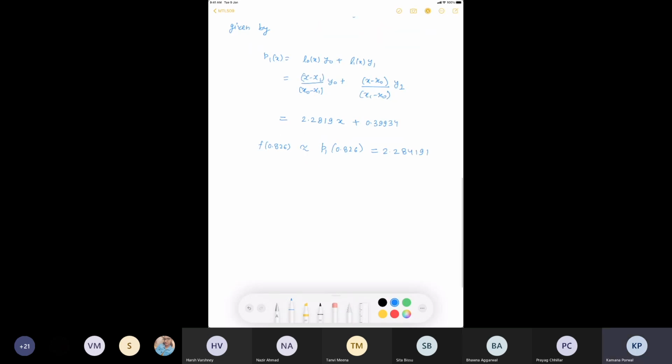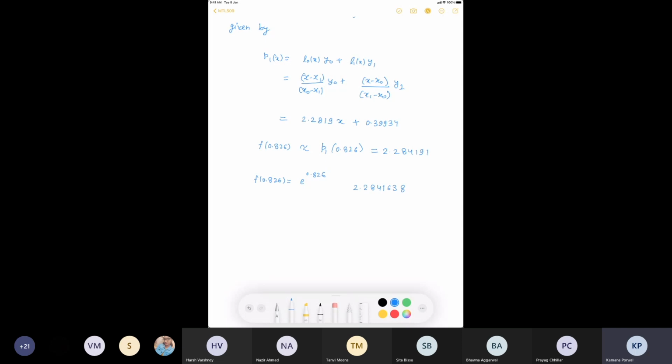Okay, now since we know f explicitly, f(x) is given to be exponential x, you can also find the explicit value of this function at 0.826. This is going to be 2.2841638.